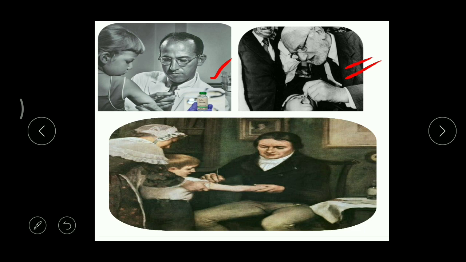So this is the oral polio vaccine, and this one is given in the form of injection. Okay, and who is this? This is Edward Jenner, who is giving this vaccine to a child against smallpox, right? Okay.